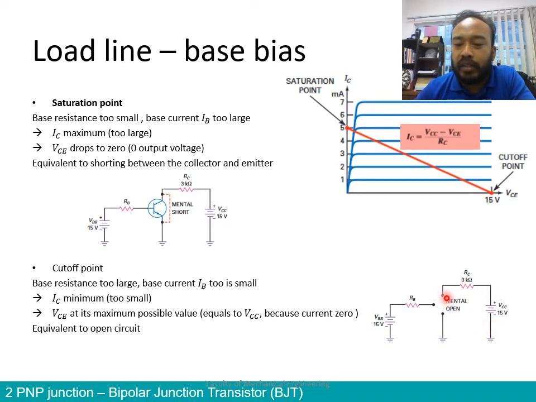There is no current circulating, so there's no voltage across RC. The voltage over here is the voltage of this point, which is also this point, because it is as if there is no resistance. So the voltage is also equal to the supply voltage VCC.